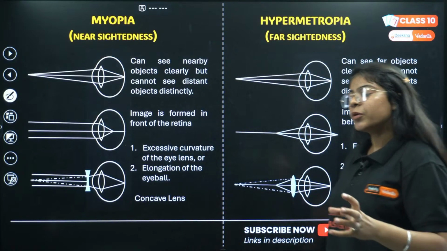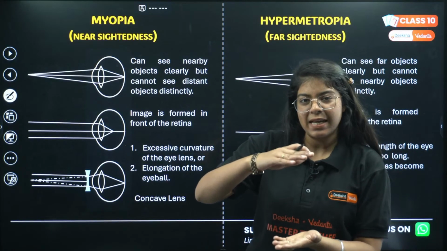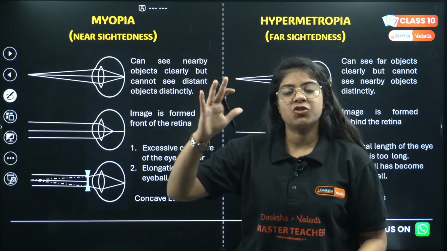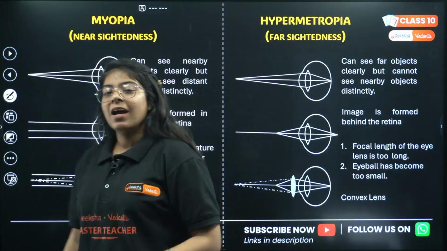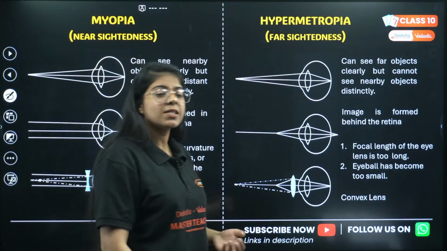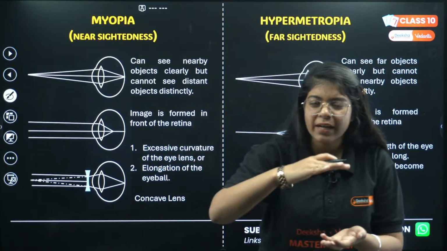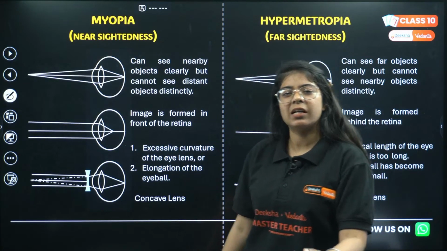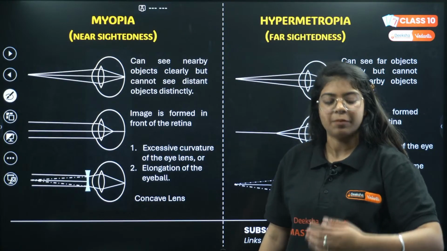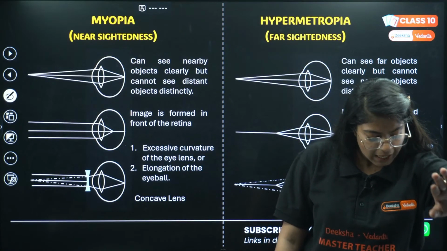Power of accommodation means my lens can contract and my lens can become relaxed. But the eye lens cannot contract beyond a certain point. That's why we can only see objects clearly from 25 centimeter, after 25 centimeter till infinity.